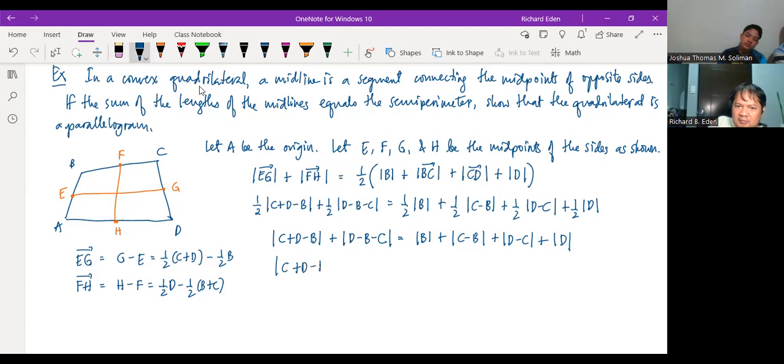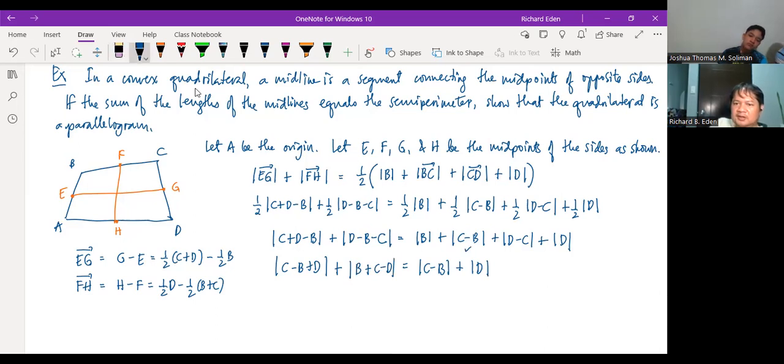C plus D minus B equals C minus B plus D, here, length of C minus B plus length of D. Next, the length of D minus B plus C. Let me write it down as length of B plus C minus D. On the right side, we have not written down yet.